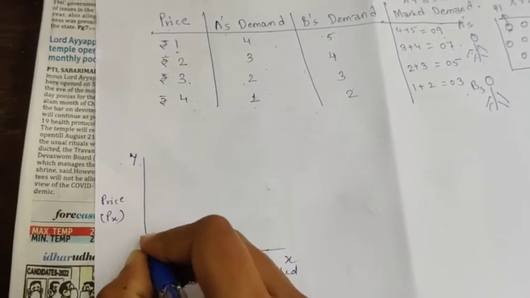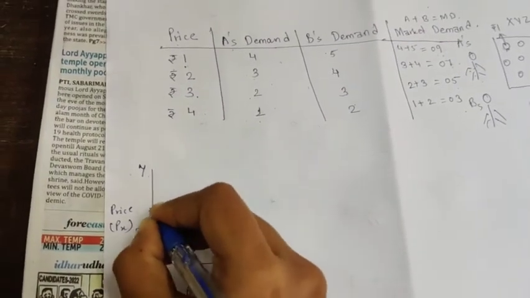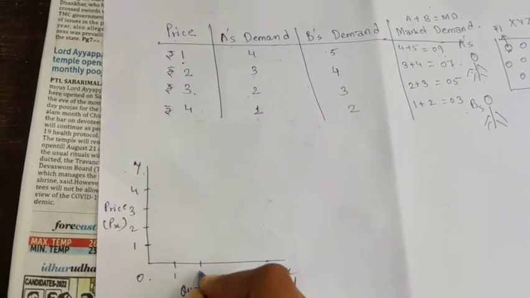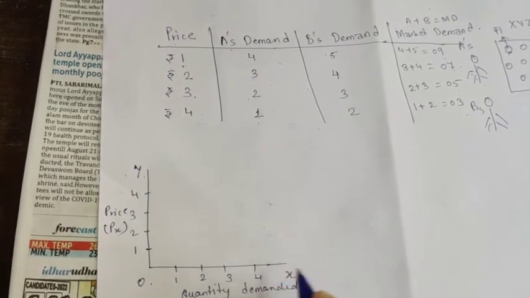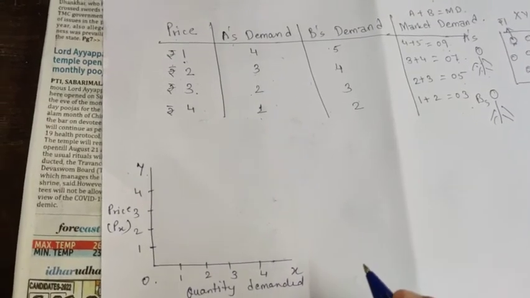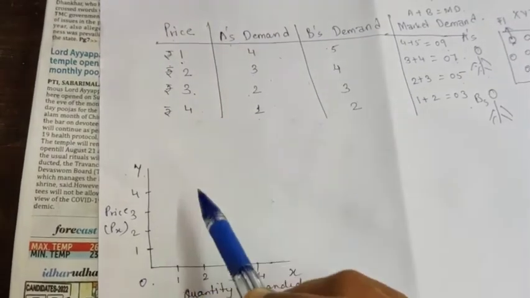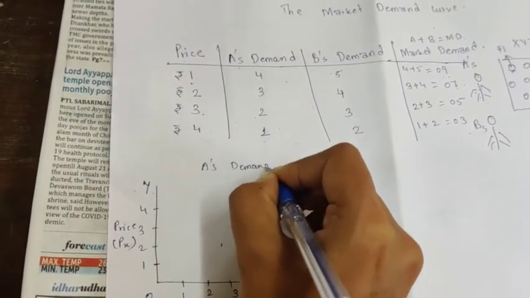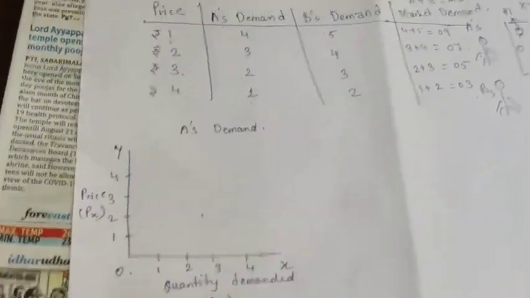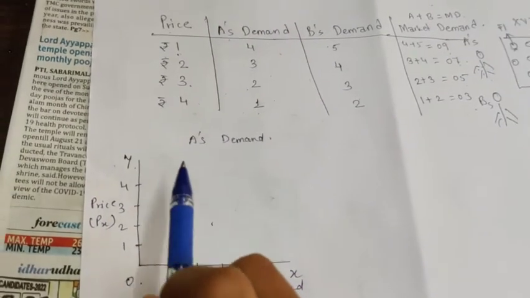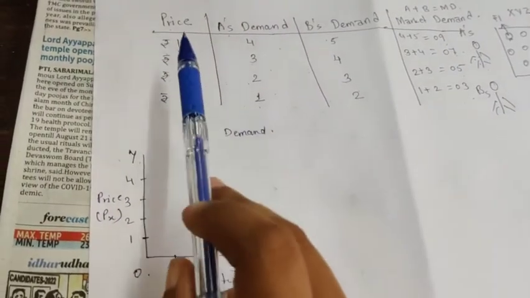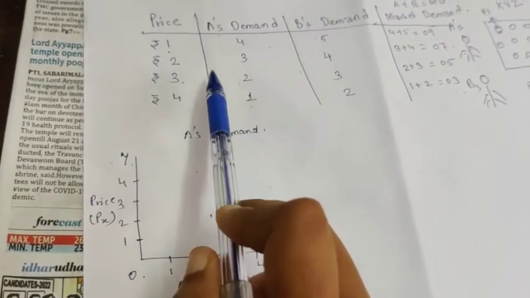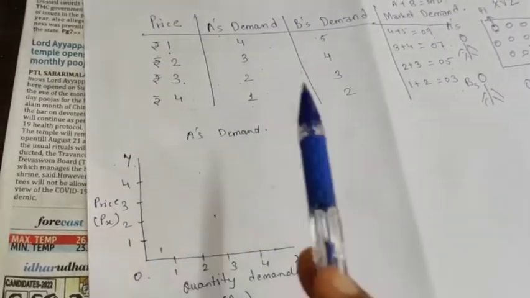And plot all these points: 1, 2, 3, 4 on both axes. When we are drawing, this is your A's demand curve. When you are drawing A's demand curve, you have to consider price and A's quantity demanded. Now plot all these points on the graph.